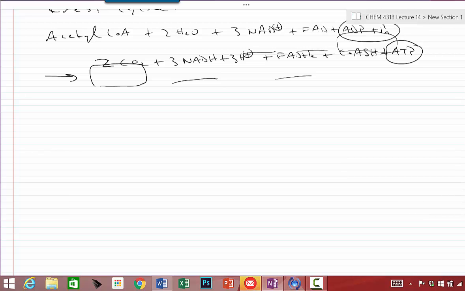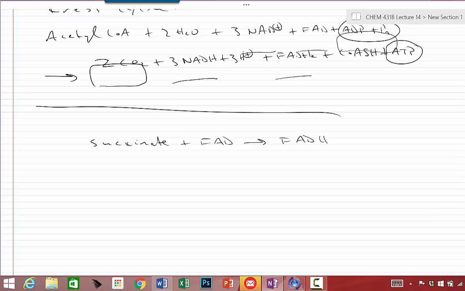Succinate, fumarate. So succinate, that is the reaction we want to carry out.